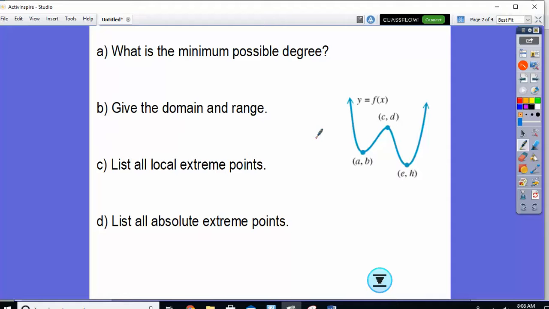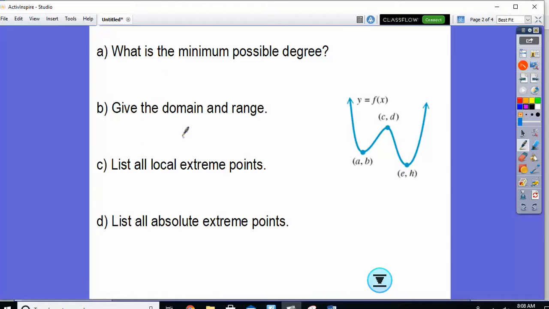Degree is like saying how many zeros could this thing have. First of all, would this have an even or an odd degree? Even, because both ends are pointing up, right? We talked about how the degree is 1 more than the turning points. So how many turning points does this thing have? 3 turning points, so my degree would have to be 4.